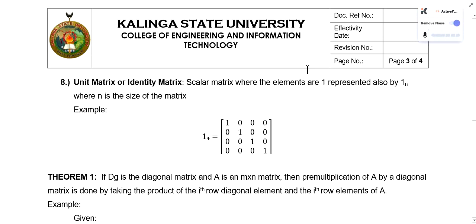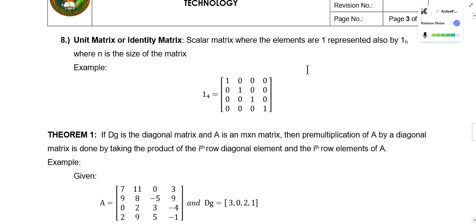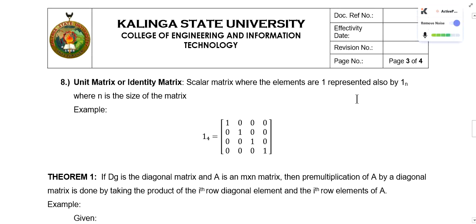And lastly, we have the unit matrix or the identity matrix. When we say unit matrix or identity matrix, it is a scalar matrix where the diagonal elements are one, represented by I subscript n, where n is the size of the matrix. So here, I 4, because our matrix is 4 by 4. When we say unit matrix, all the diagonal elements are 1, and the elements above and below the diagonal are 0.